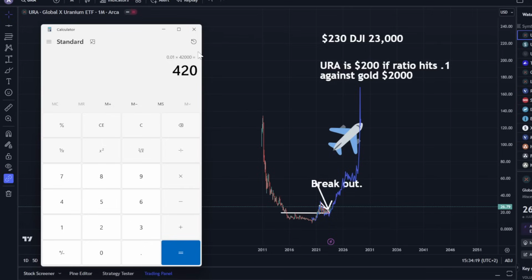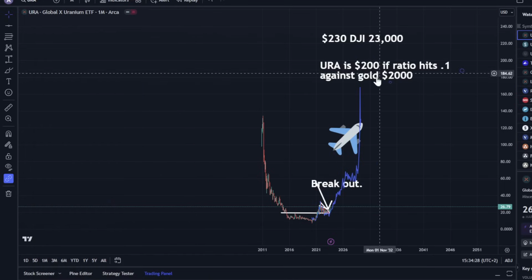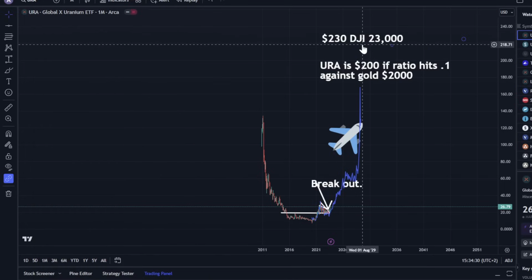It's $420 for URA, and that projection would net a 15.7x. So that ratio is highly dependent on where the Dow Jones Industrial Average is going, and if we were to hit that same ratio of 0.01.